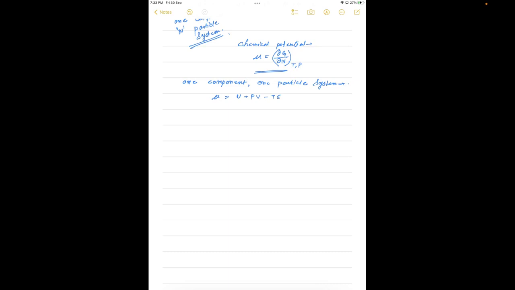So similarly d mu will be equal to minus s bar dT plus v bar dP, where s bar is S by N and v bar is V by N. So mu equal to G by N in general.